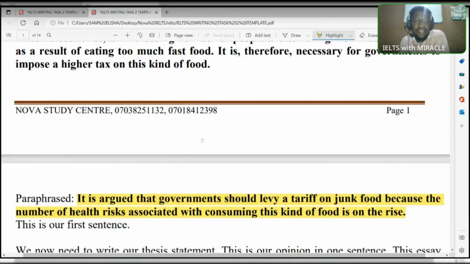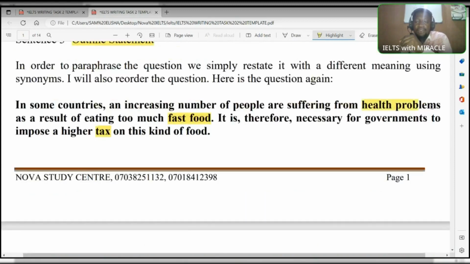We have used tariff in place of tax. We have used junk food in place of fast food. We have used health risks in place of health problems. So, you see, that's a good way to paraphrase.